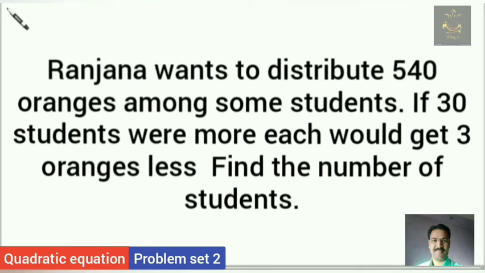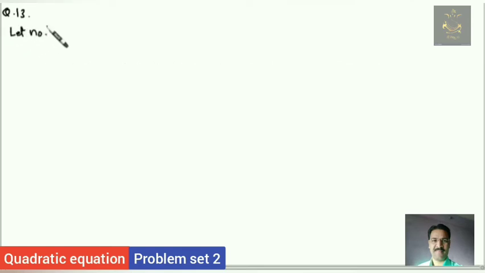See friends, this is the 13th sum, question number 13. See, there are in all 540 oranges and there are some students. Firstly, there are some students. Now, that number of students originally we'll suppose as x here. Let the number of students originally be x.